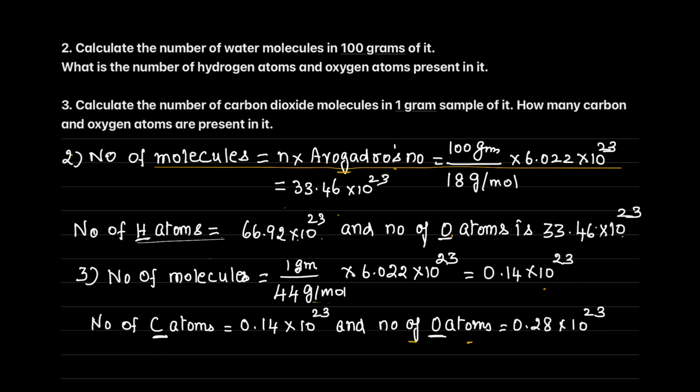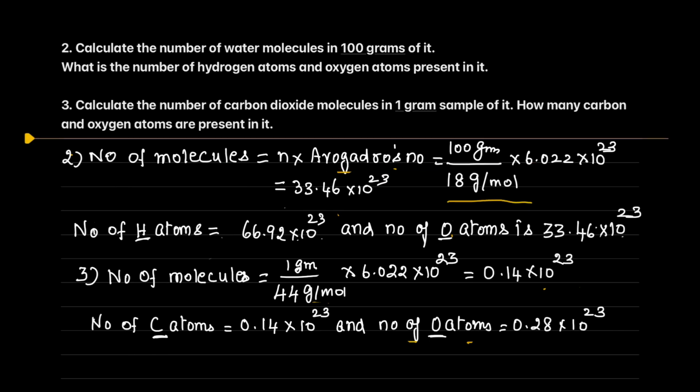Then, substituting in the formula that the number of molecules is equal to N, the number of moles, into Avogadro's number, that is 100 grams divided by 18 grams per mole into 6.022 into 10 raised to the power of 23 gives the answer 33.46 into 10 raised to the power of 23.